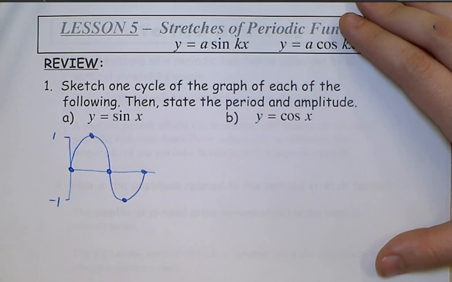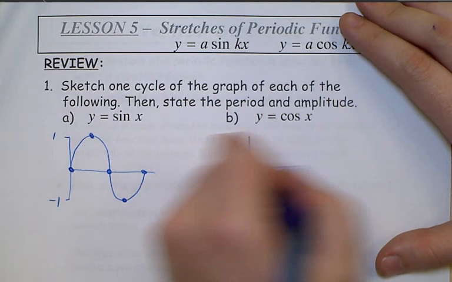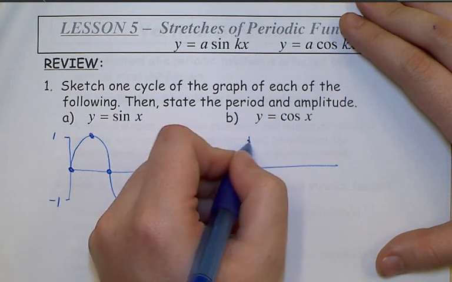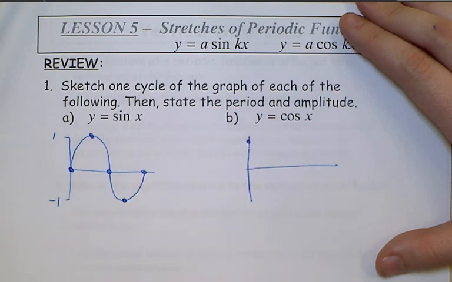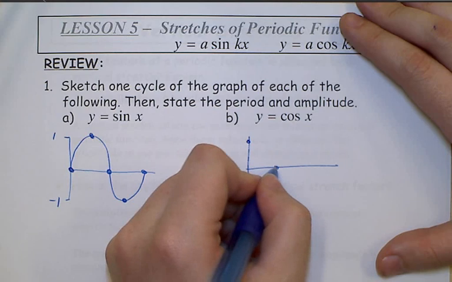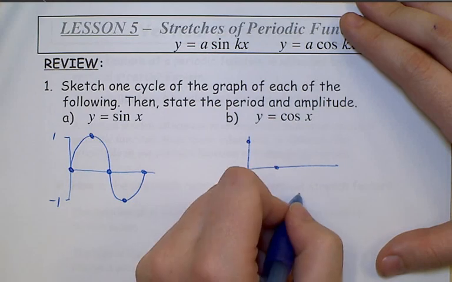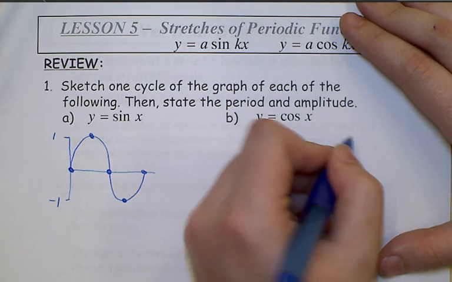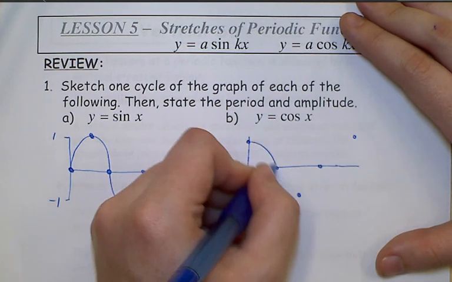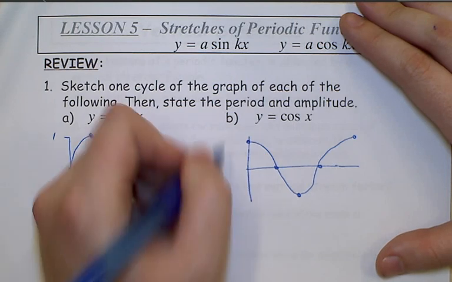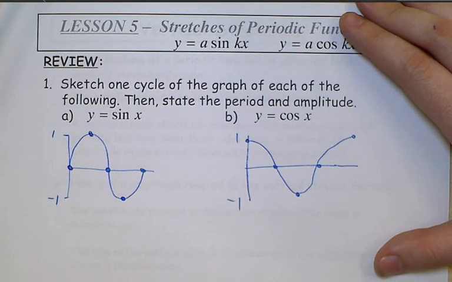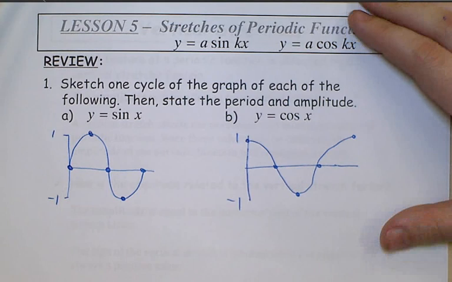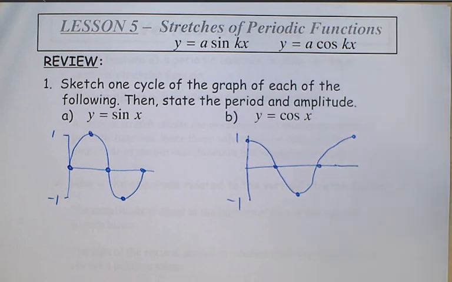For our cos function, it's the same scale, but we start at (0, 1), then we go through (90, 0), (180, -1), (270, 0), and (360, 1). Okay, so we could ask you to do stretches of sine or of cos, and this is the base graph that you start with. So you always start with your 5 key points for sine or for cos.